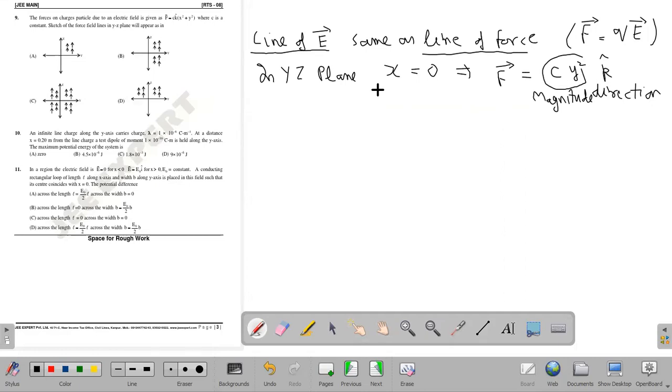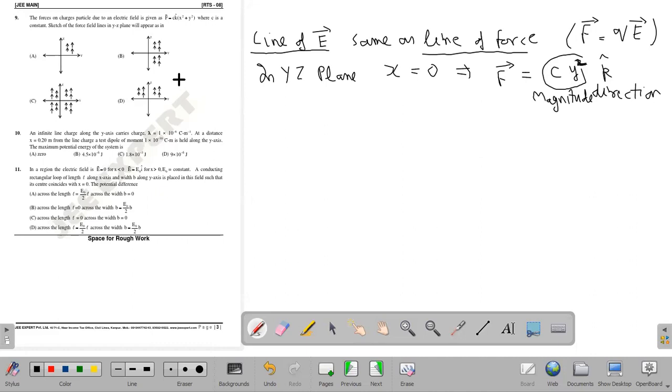So the force will always be along k cap, the positive z axis, no matter whether y is positive or negative. Y square will always be positive, and as the magnitude of y increases, the force also increases. So it should be a graph of a parabolic type curve.